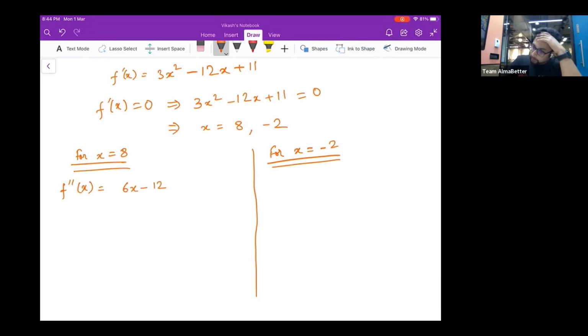Now you have to find out the value of this second derivative at x equal to 8. Okay, are these values correct? Guys, can you check? Someone says that this is not correct. I just wrote what Krishna said. Can you give me the exact values?